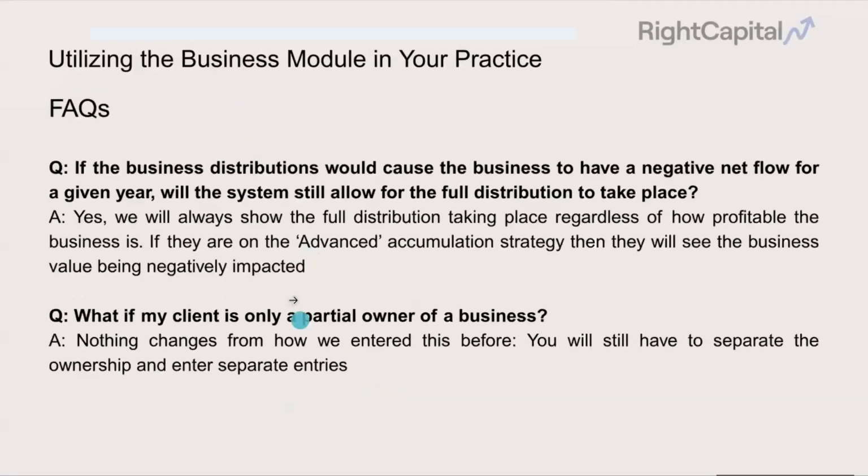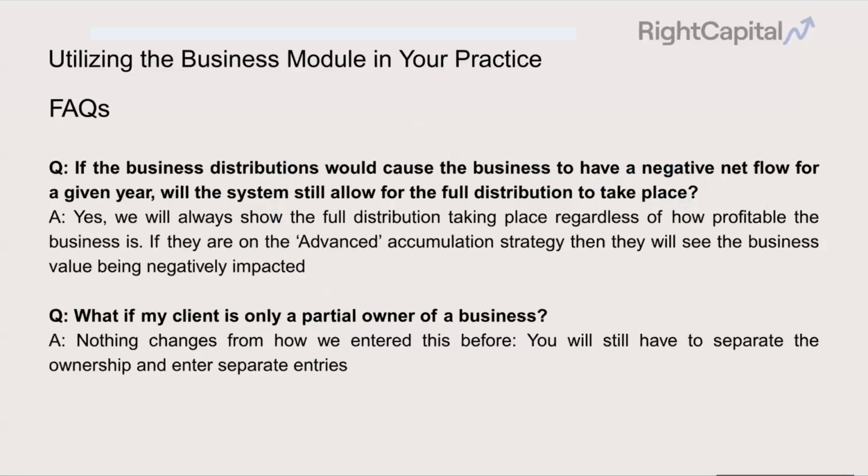Sorry about that. If the business distributions would cause the business to have a negative net flow for a given year, will the system still allow for the full distribution to take place? So this is covering distributions in the business. If the revenue is cut short and we're distributing and that's going to cause the business value to fall into the negative, we will always show the full distribution taking place regardless of how profitable the business is.